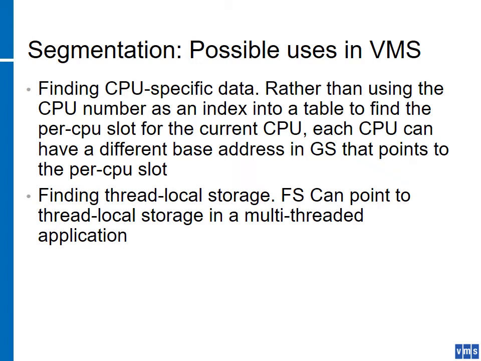And it turns out that the GS segment is a good way to do this, and it's the only way to do it if you want to do it really fast. Likewise, the FS segment selector could be used for finding things like thread local storage, something that stays with a thread rather than being generic for the entire process.